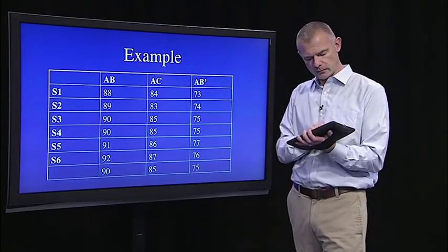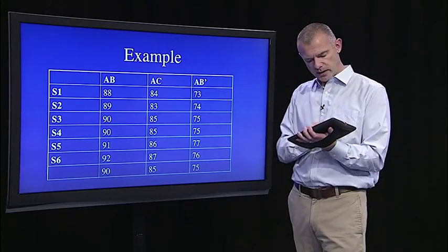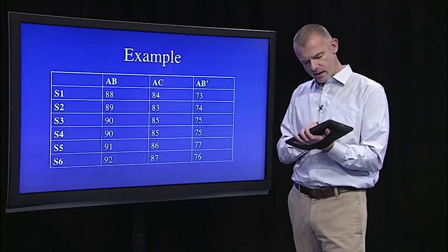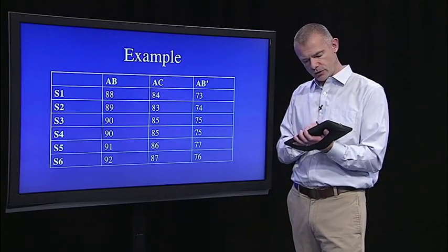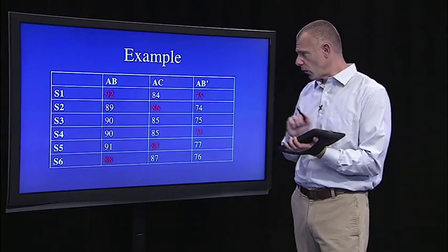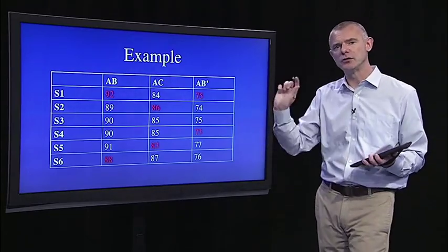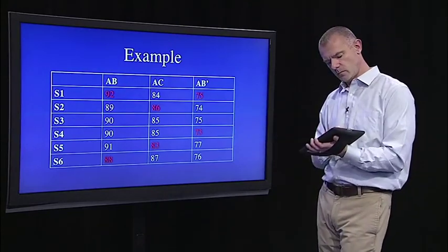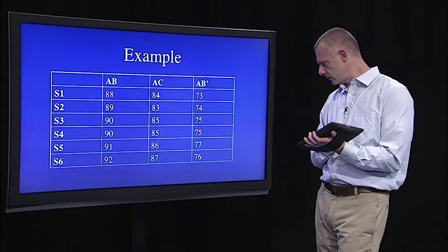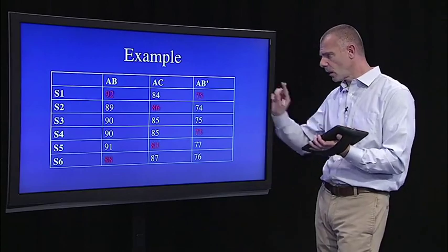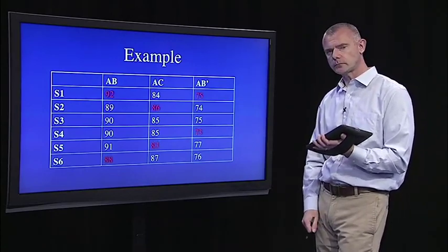So let's change that. Let's play with the data a little bit and see how the F ratio changes. All I've done here is, within each condition, I just swapped 2 scores. So if you go from one slide to the next, all I did was swap 2 scores.